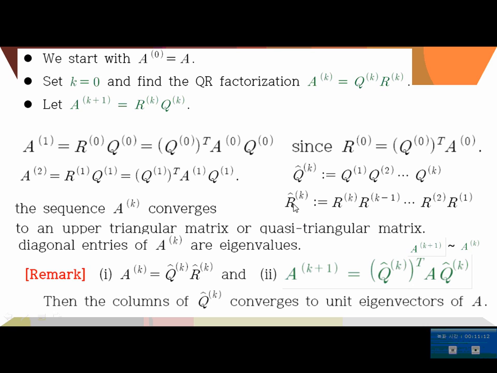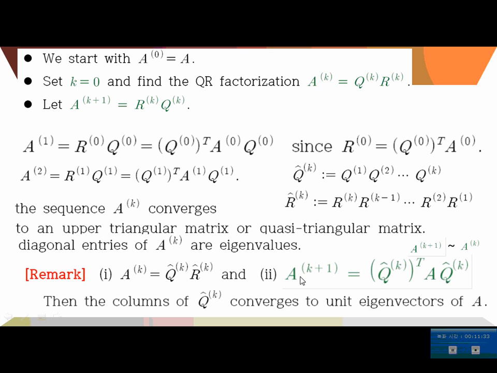Anyway, in this algorithm, if we continue this QR decomposition, let the product of the Q_i's be Q hat_k, and the product of those R_i's be R hat_k, like this.